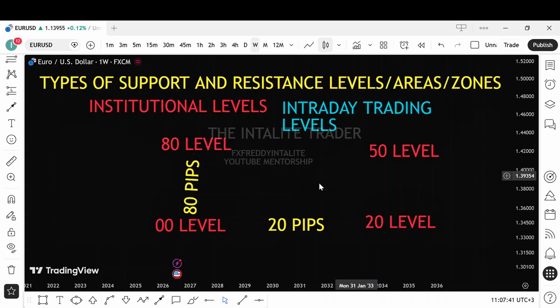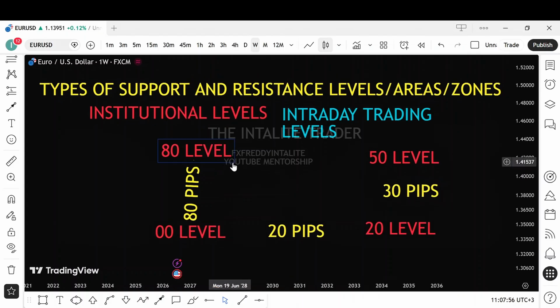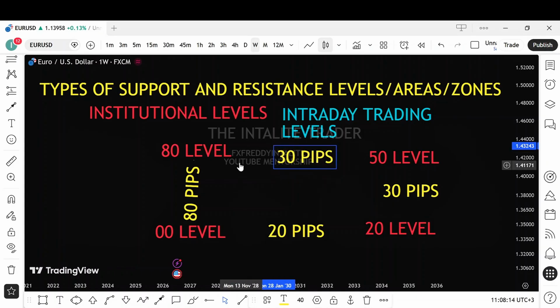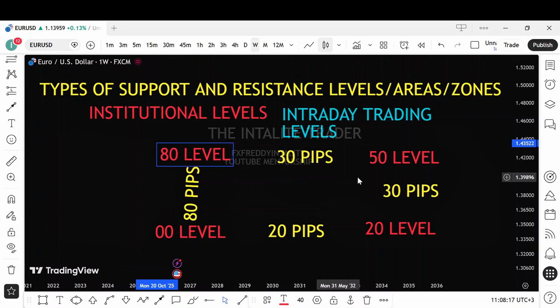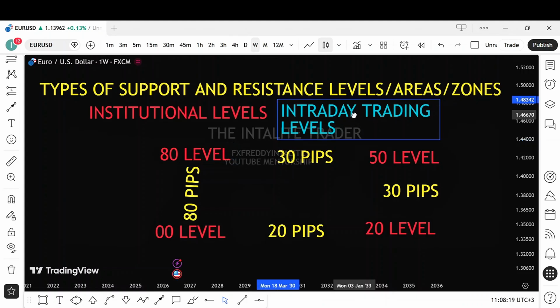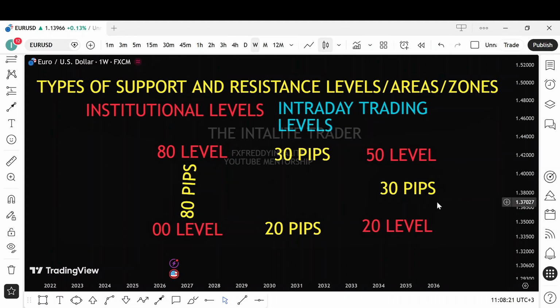And from 20 to 50, those are 30 pips. And from 50 to 80, those are 30 pips. So these are intraday institutional trading levels. These are the levels the banks use to buy and sell on the daily for currencies.